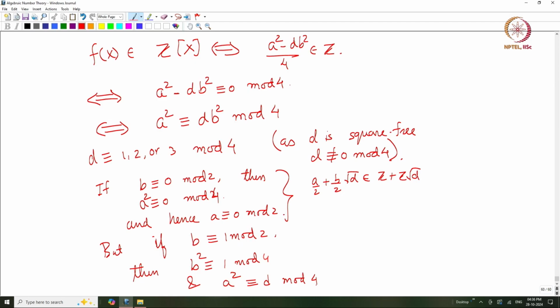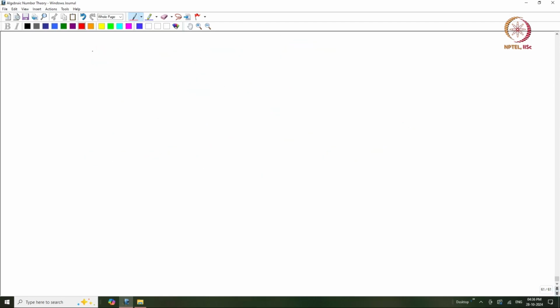And the only way D is congruent to a square mod 4 is if D is congruent to 1 mod 4. In this case, A squared is congruent to 1 mod 4.